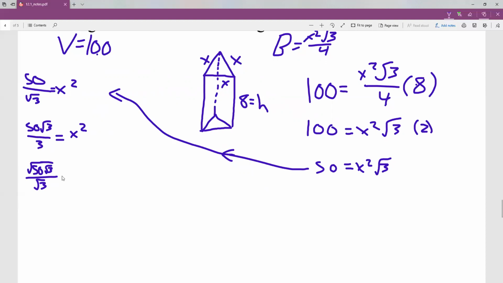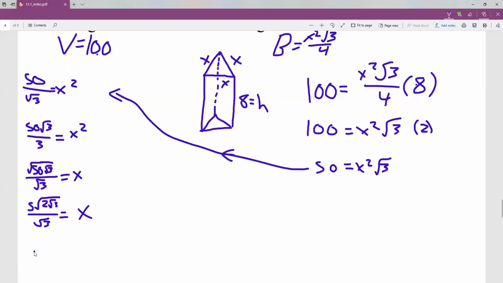That's equal to x up top here. Square root of 50 can be broken down to 5 times root 2. So it's going to be 5 root 2 root 3 over root 3. Yikes, this is getting ugly. We're just going to simplify this down into a decimal here just so that it's nice for us. So let's do that.